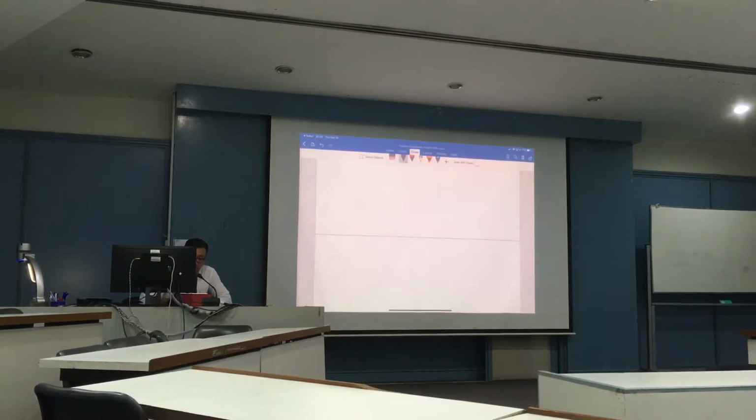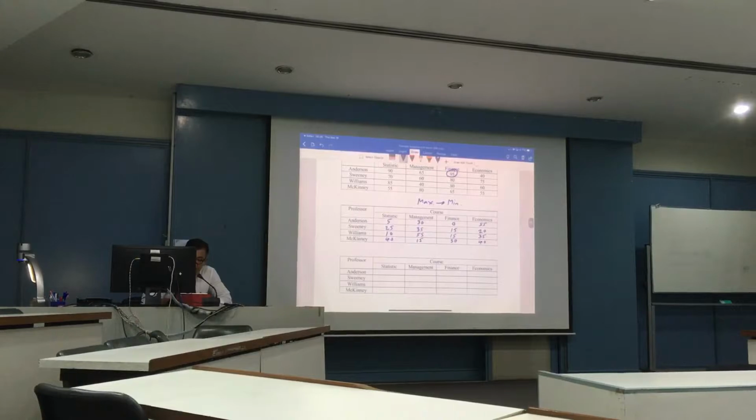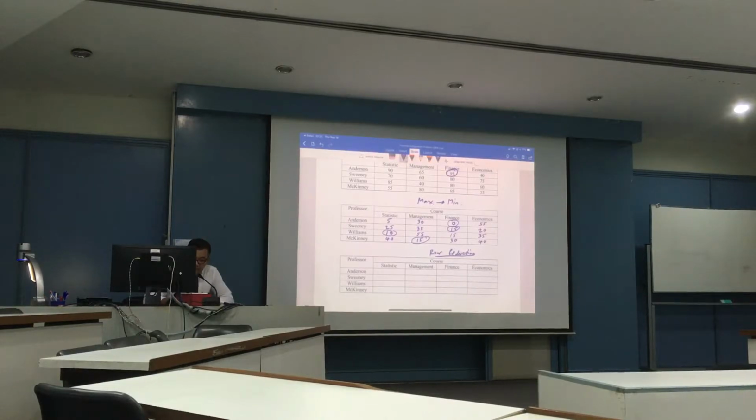Then we're going to do the row reduction. This is the lowest value for each row. So for the first row, we're going to have the same 5, 30, 0, 5.